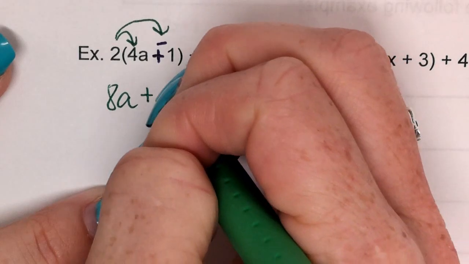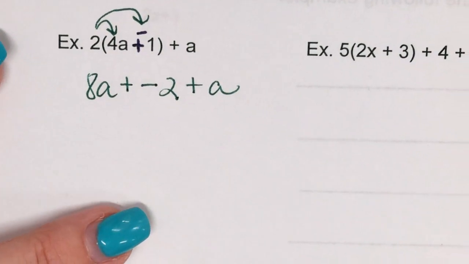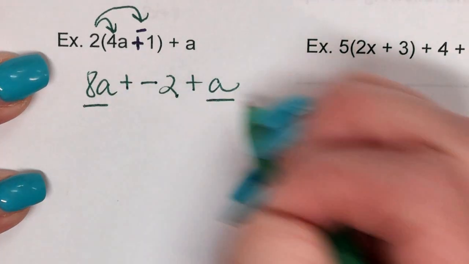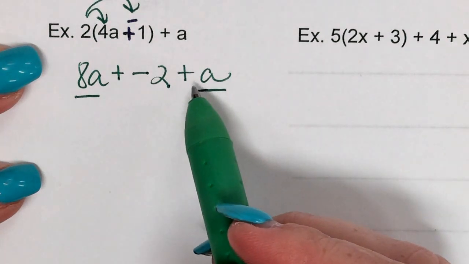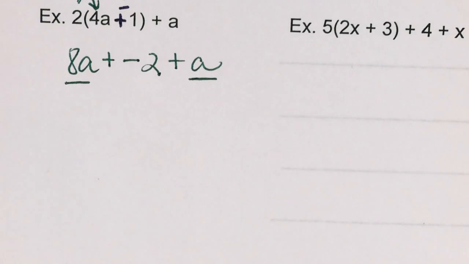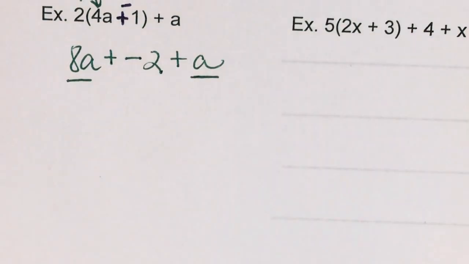Check and see how you're doing. Look at the first step. Did you do that part correctly? Can I combine anything? 8a plus a. Now question. What kind of coefficient, coefficient's a number in front of a variable, would an a have? A 1. We don't have to write it because 1 times a is a. But this has a coefficient of a 1. Okay?